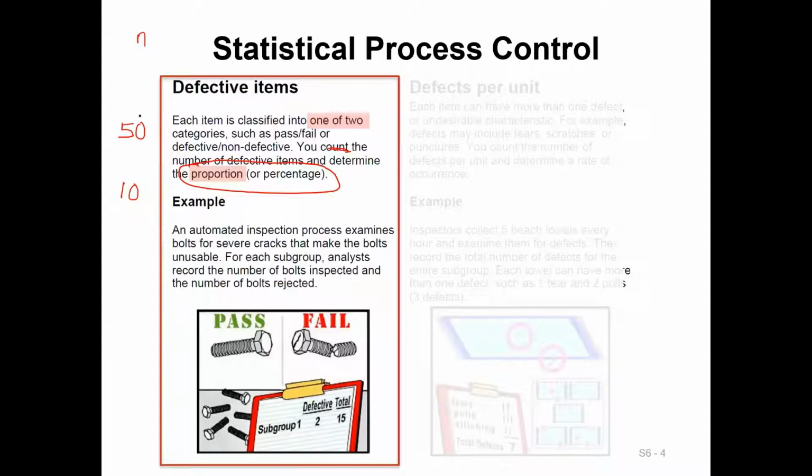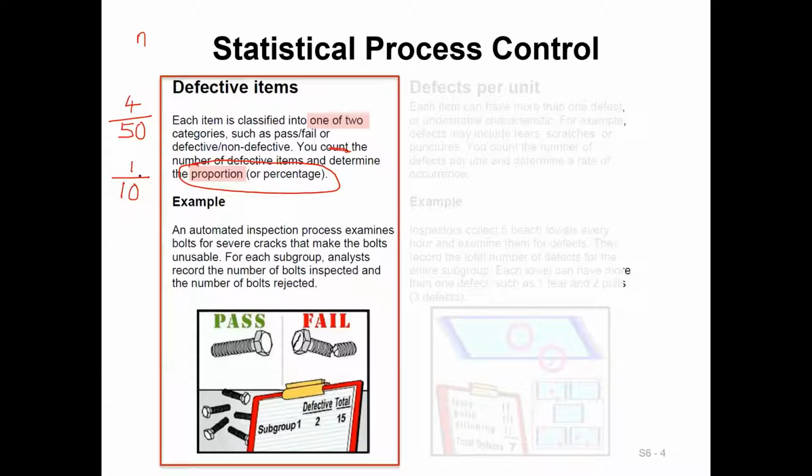Out of the 50 samples that I collected, for example, I found 4 defective items, but out of the 10 I collected in the second round of inspection, I found 1 defective item. If I purely compare the counted defective items, 4 and 1, can I conclude that the second batch of inspection is better than the first batch? No. Why? Because the sample size is different.